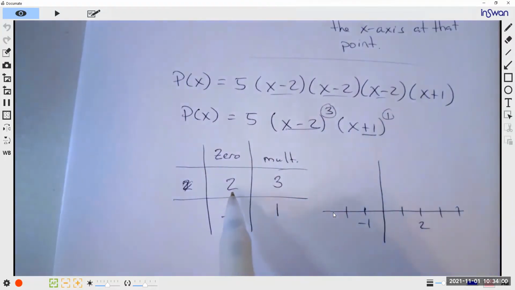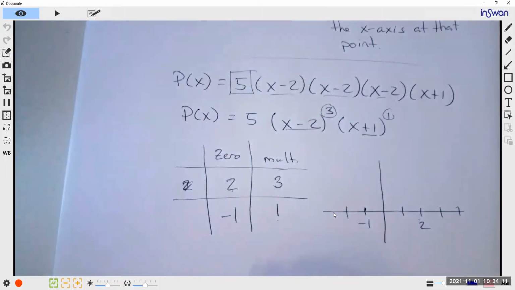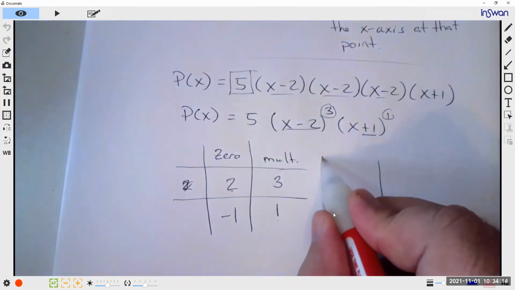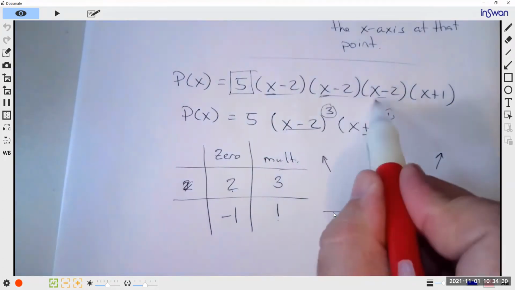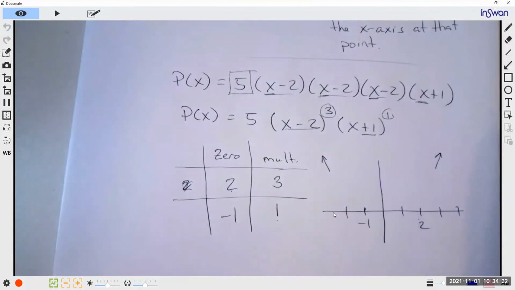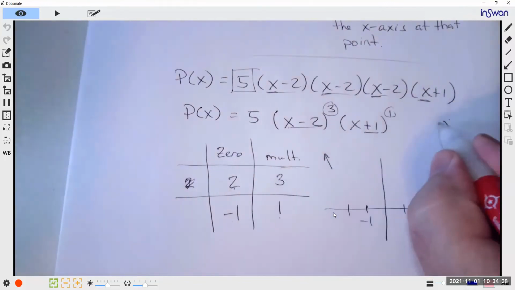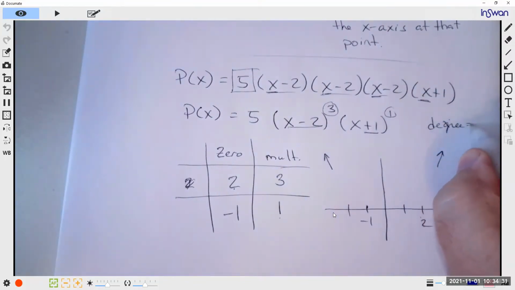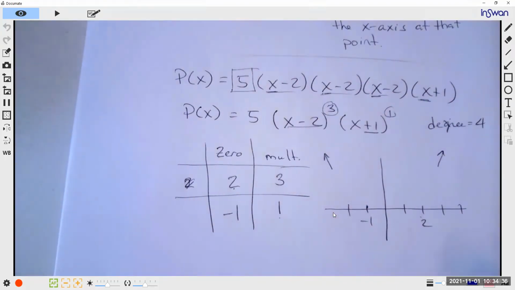So we know at +2, the graph will bounce. And at -1, the graph's going to bounce. The leading coefficient is positive, so both ends have to point the same direction. There's 1, 2, 3, 4. The degree is 4. That's how many x's we have in our equation. So both ends have to point in the same direction.